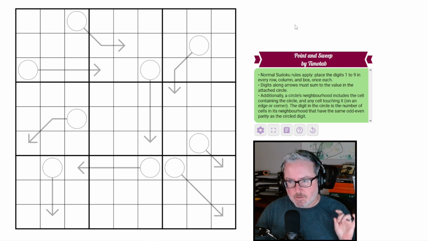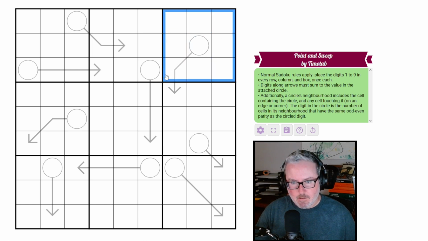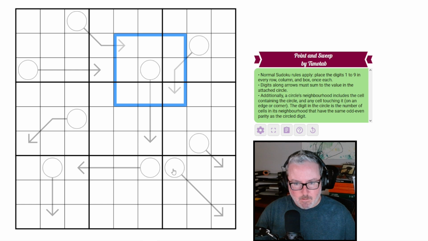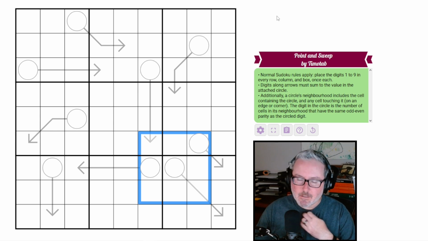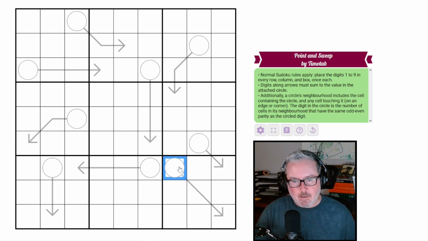Additionally, a circle's neighborhood includes the cell containing the circle and any cell touching it on an edge or corner. So that would mean that this guy's neighborhood is here, this guy's neighborhood is here, your neighborhood is here, etc. Now what does that mean? The digit in the circle is the number of cells in its neighborhood that have the same odd-even parity as the circled cell. Okay, so if this guy had a 4 in it, that would be even.